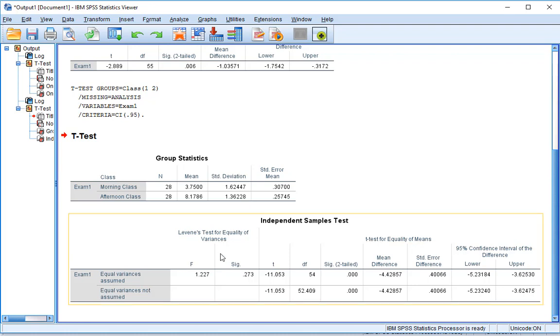So we want no significance for Levene's test because remember, Levene's test is looking at standard deviation. We see our significance level is 0.273, which means that there is no significant difference, meaning that the difference we see here, 1.6 versus 1.3, while that is a numerical difference, is not a real difference.